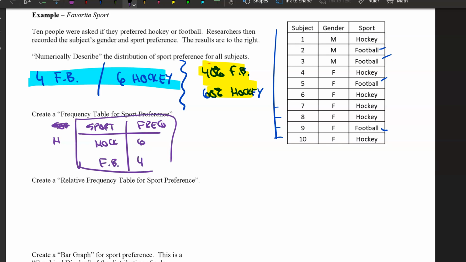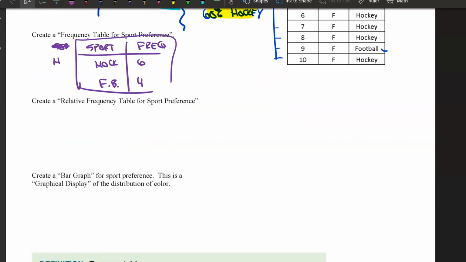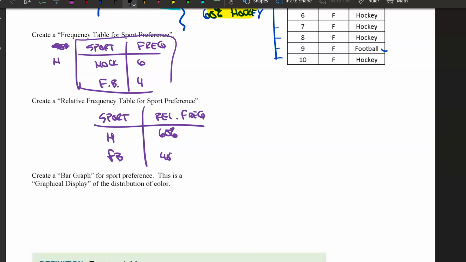Sorry, these are stupid questions. Relative frequency table. Okay, now it gets hard. No, it doesn't. Hockey, football, 60%, 40%.